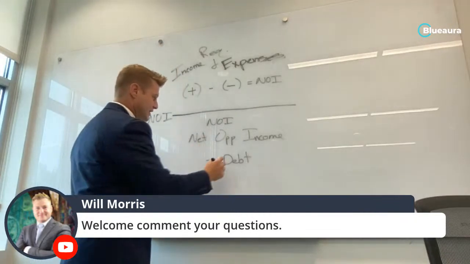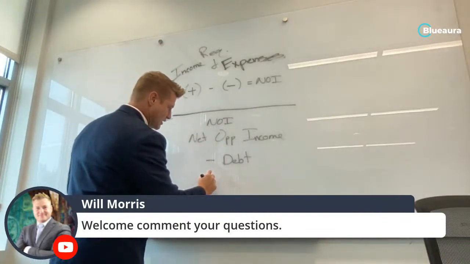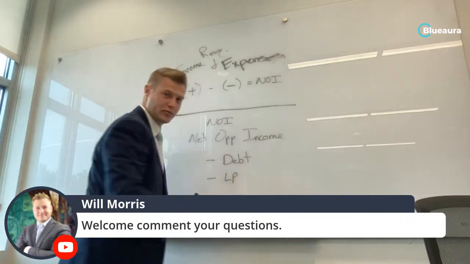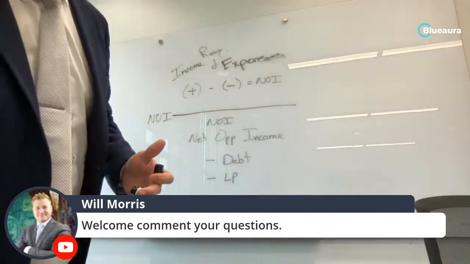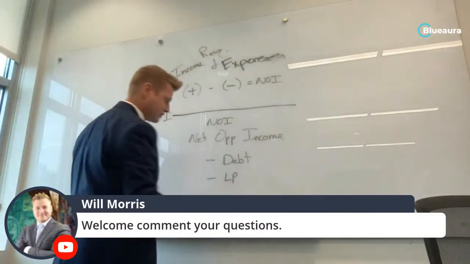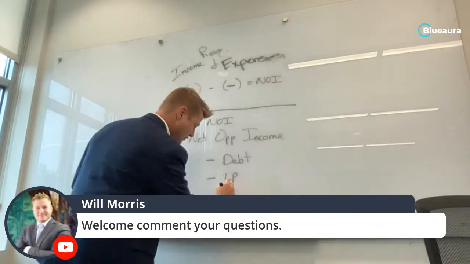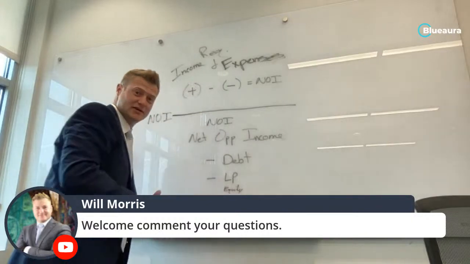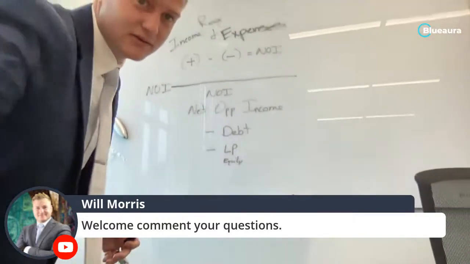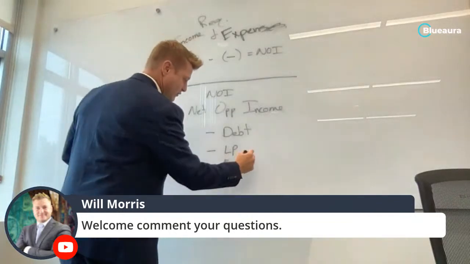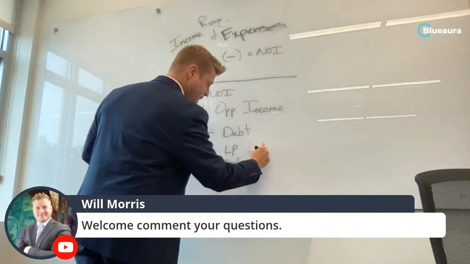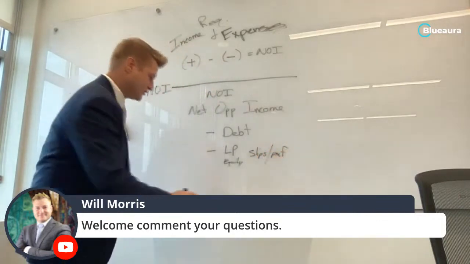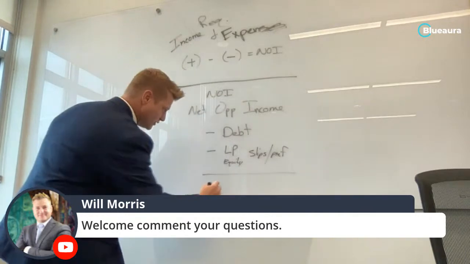So your net operating income is minus your debt, and then it's also minus your LP, which is your limited partner or your investors, your equity investors. So it's your LP, your equity splits, pref, whatever you want to call it.